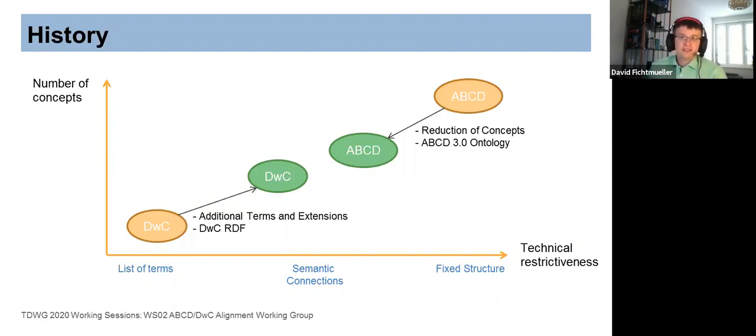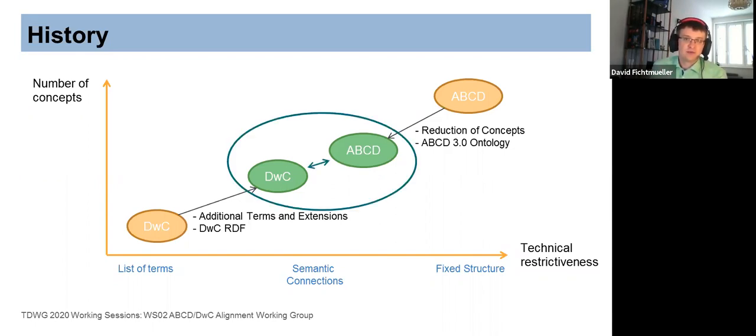So both standards, which were previously within their own niches and covered their own use cases, have now moved towards each other, which is why the idea came that, now that they are occupying the same space, so to speak, we should improve the alignment of those two standards.